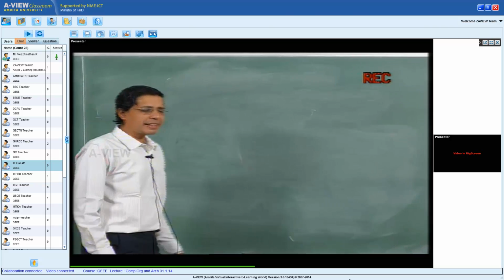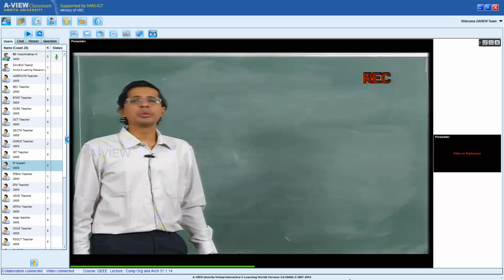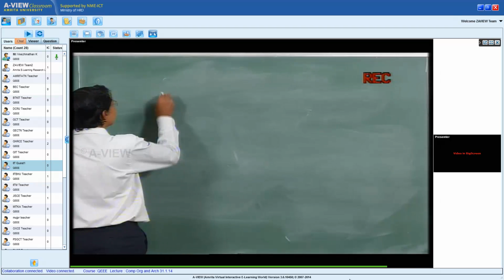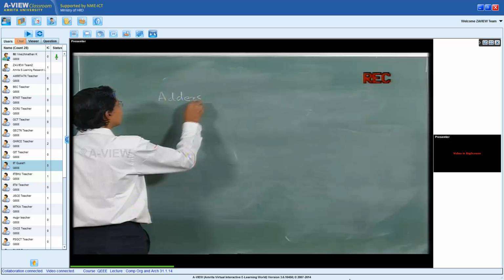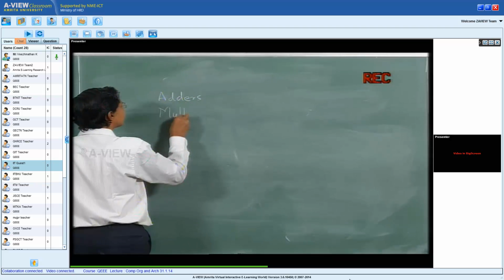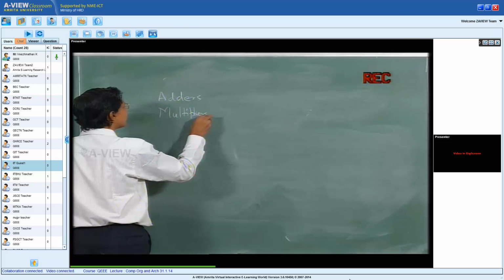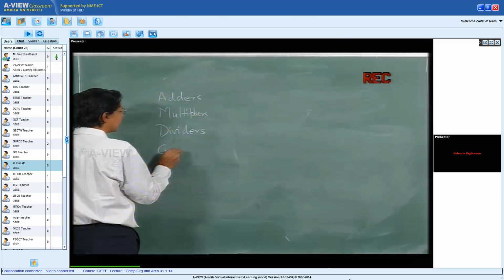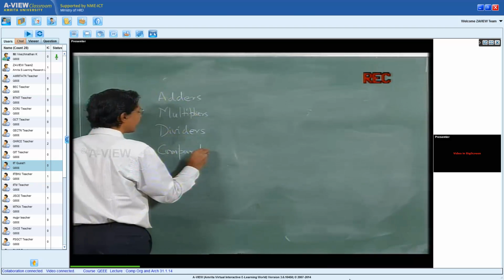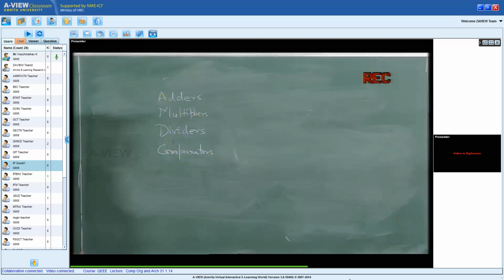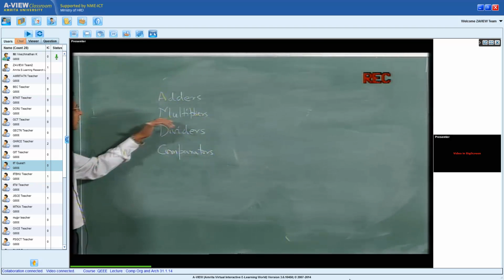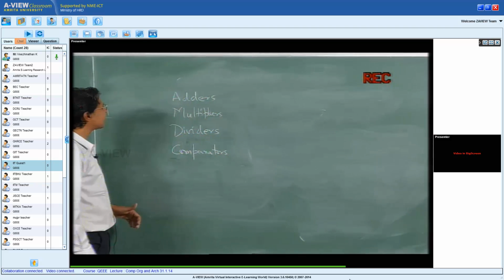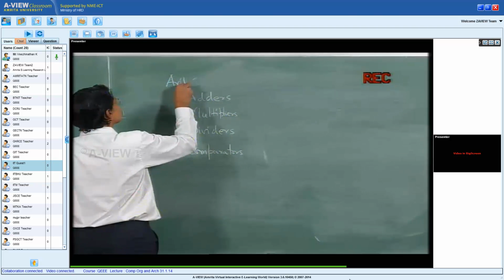Some interesting arithmetic circuits which you would have again covered in your digital circuits course are the adders, multipliers, dividers, comparators. The adders add numbers, multipliers multiply, dividers divide, comparators compare two numbers. So these are basic arithmetic circuits.